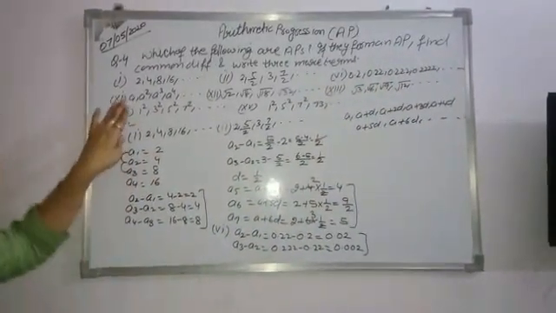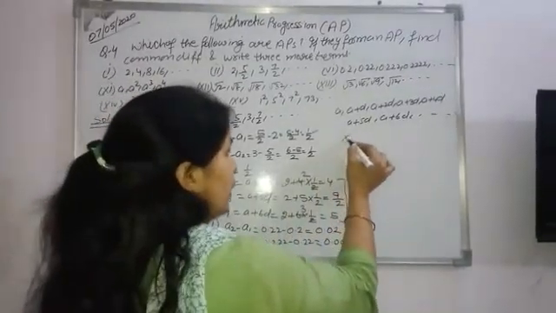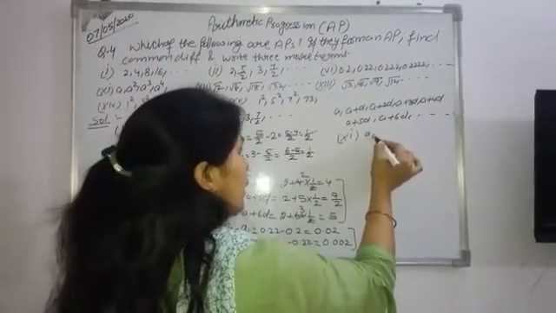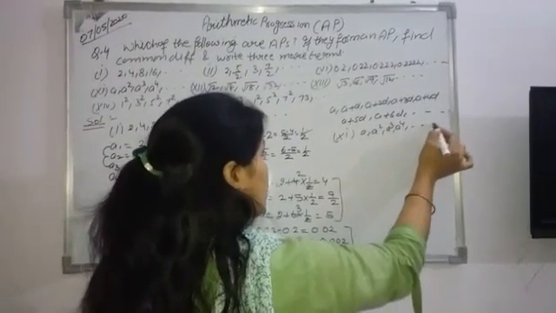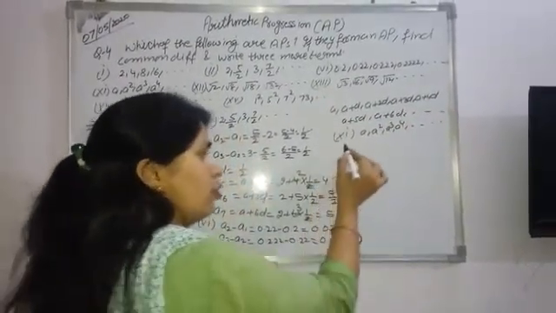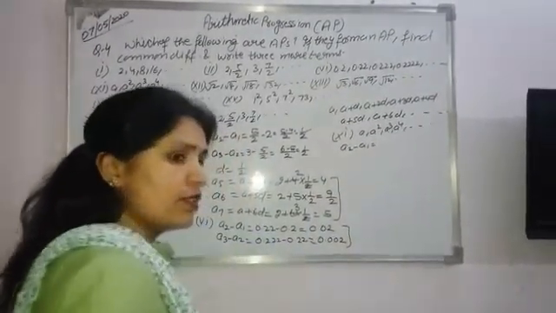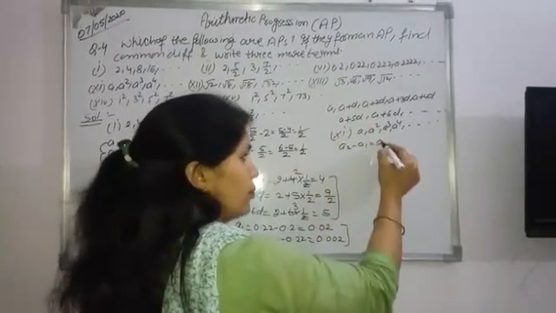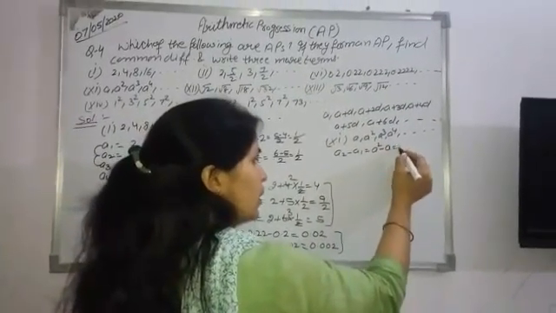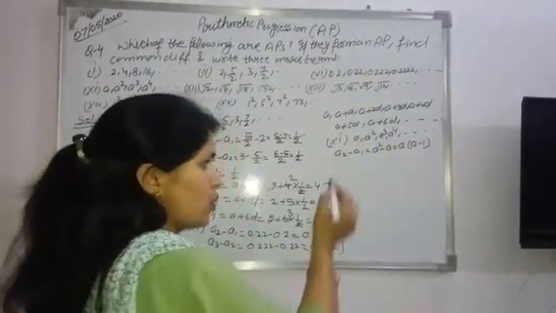Okay, now the next part is a square, a cube, a4. In the 11th part, the values are a square, a cube, a4 and so on. Again, first you have to check in every question whether the difference is the same or not. Now a2 minus a1, a square minus a. If a is common, then this value is a into a minus 1.